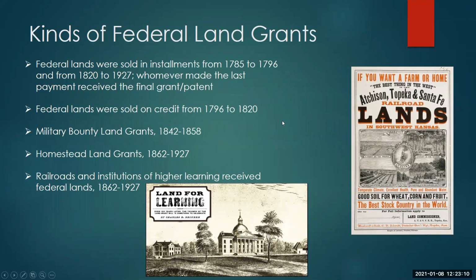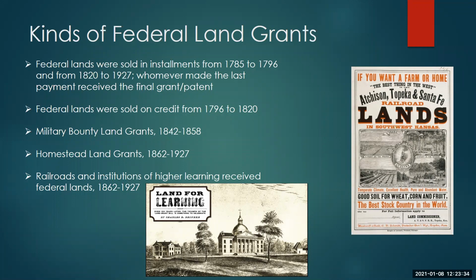Now let's talk about how many different kinds of federal land grants there were. First off, federal lands were sold in installments from 1785 to 1796, and then they were sold from an installment plan from 1820 to 1927. The system basically worked this way.